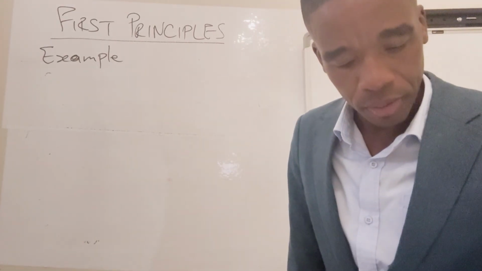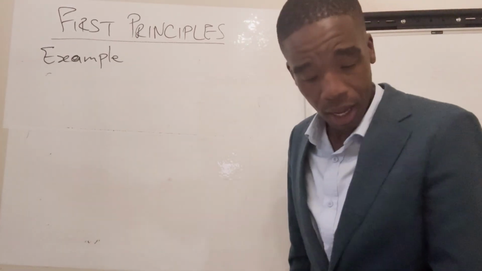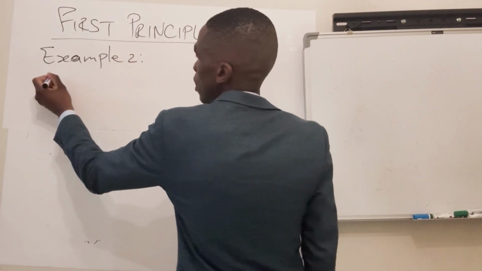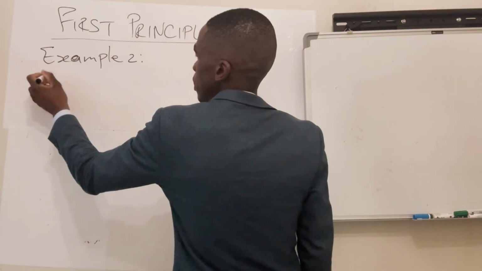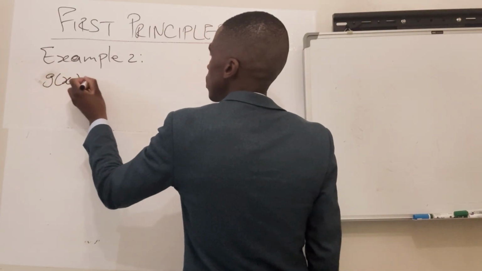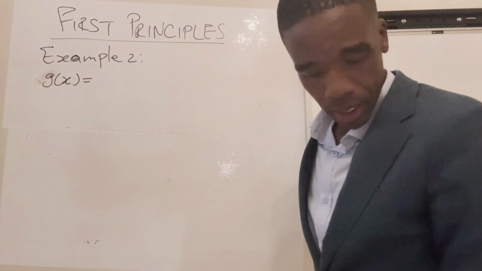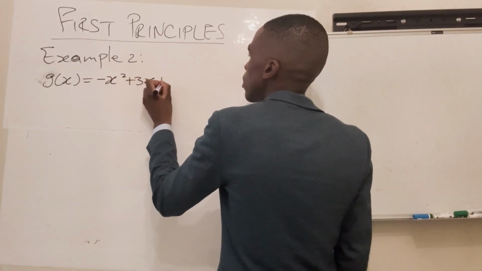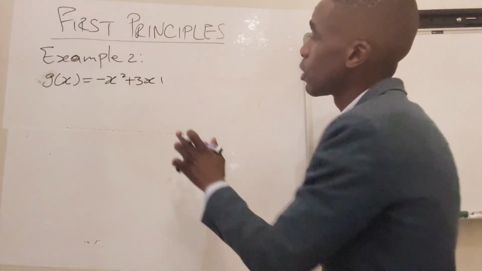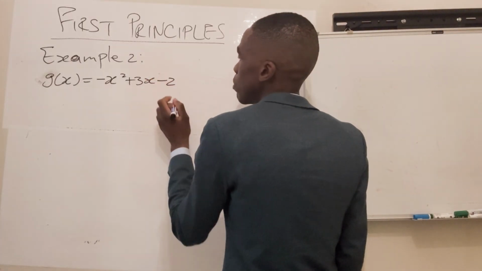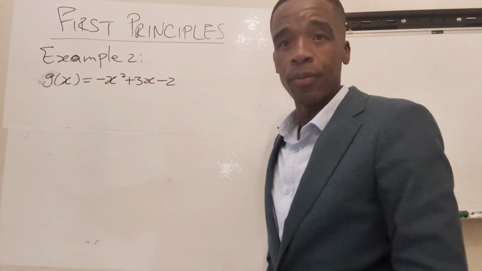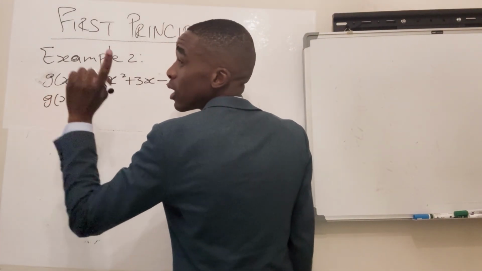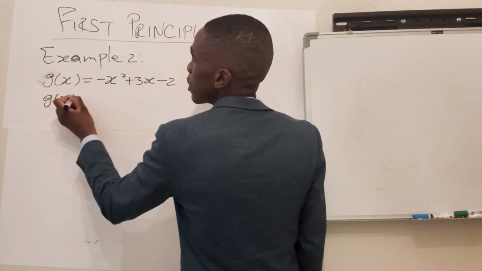First one, let us look at the function. It was given in terms of g of x is equal to minus x squared plus 3x minus 2. The first step is, of course, get the g of x plus h.